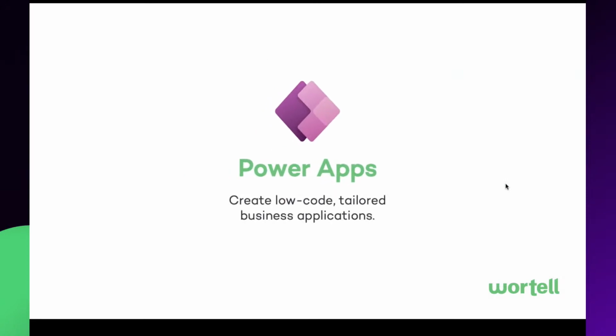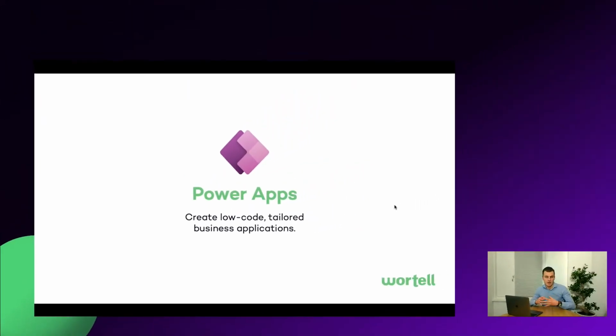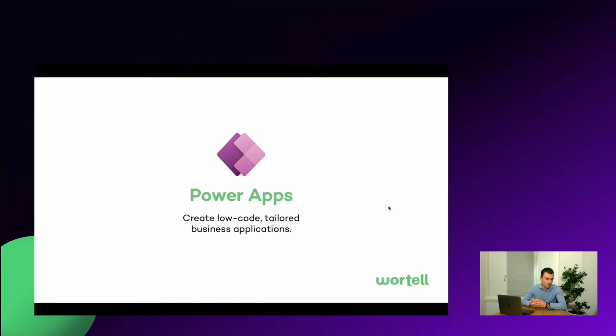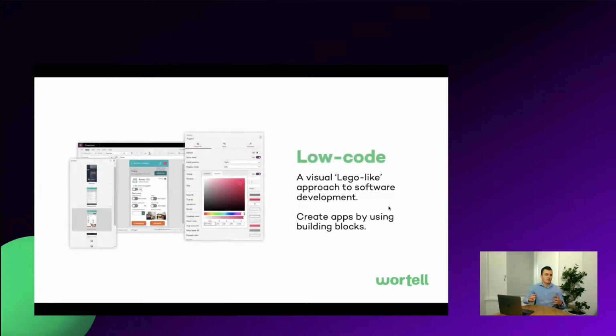Today, we are going to focus on Power Apps, which can be used to create low-code business applications for mobile phone, tablet, and PC. And you can create these applications by using a low-code approach, and I will clarify what this term low-code approach actually means. Low-code is a visual approach to software development that can be compared with Lego, the children's toys.